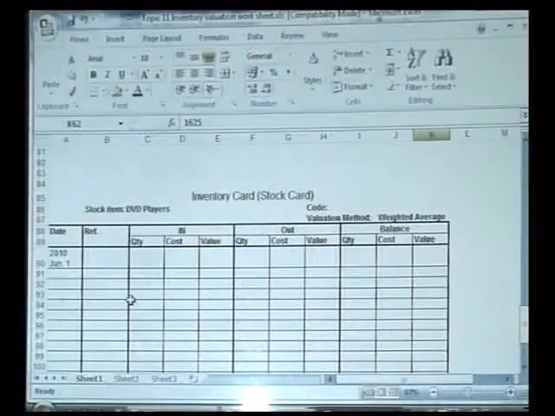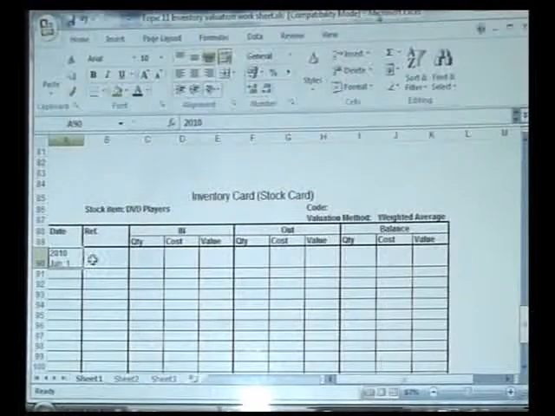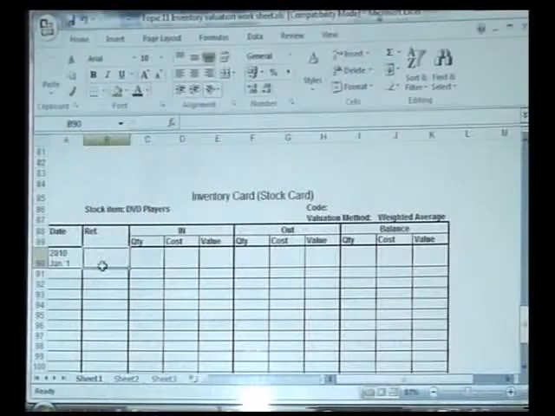This is the weighted average method. Then we turn to illustration 18.2, where you have been asked to prepare the inventory card using the weighted average method, but using the information given in illustration 18.1. So then we use the same information.